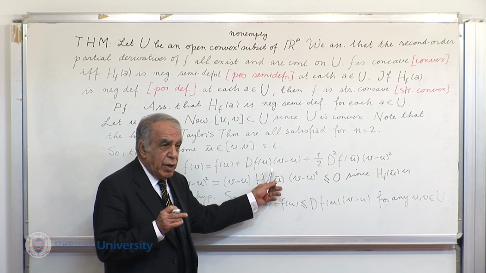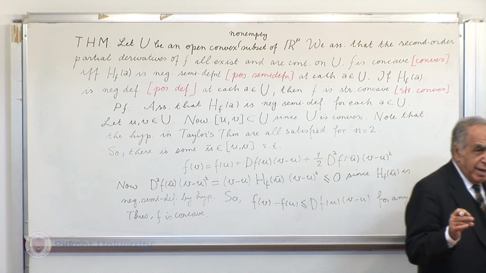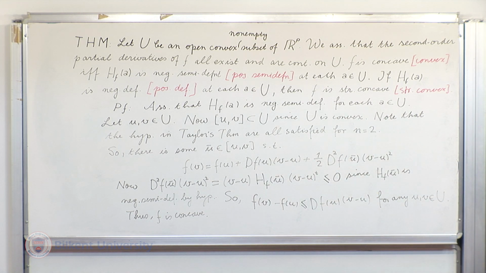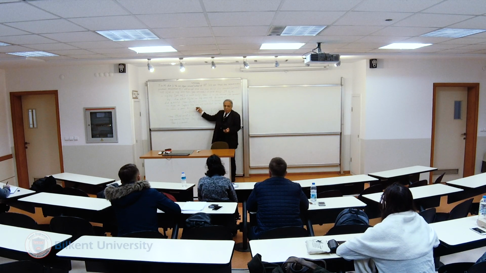We need to show that H sub F of A is negative semidefinite at any A in U. Well, can we get any A in U such that it is U bar for some UV? So that's the question.